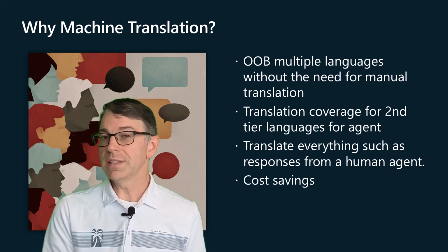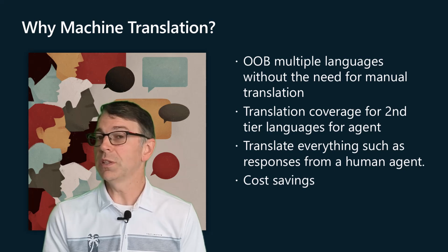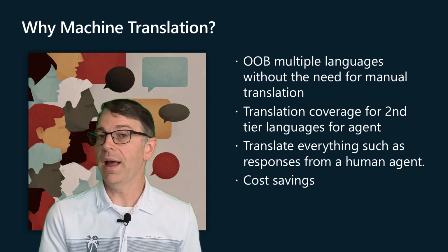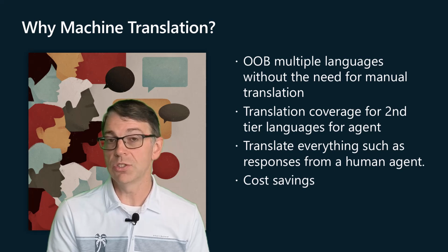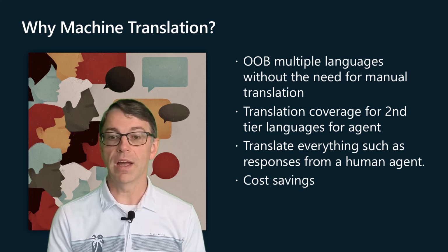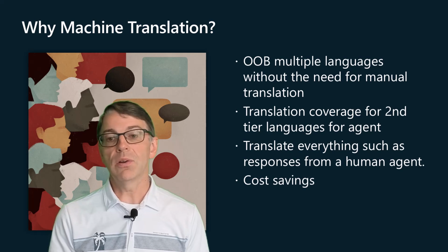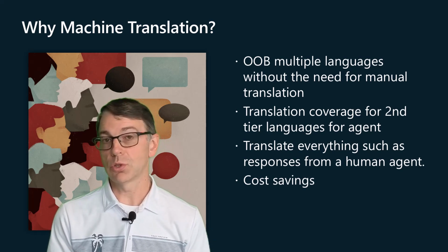And when we decide to use these things, we do it so that we don't have to support all these different languages by translating every single language manually or paying a translator to do that for us. So that gives us multiple languages out of the box without the need of that manual translation effort.